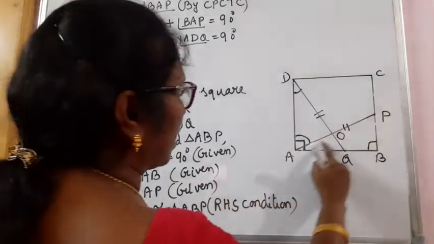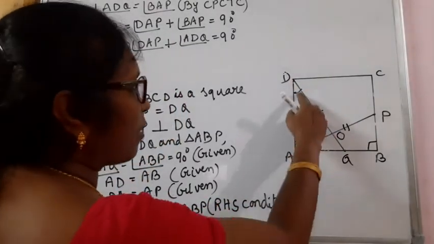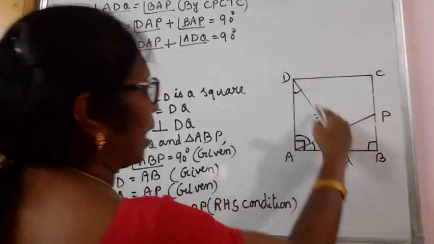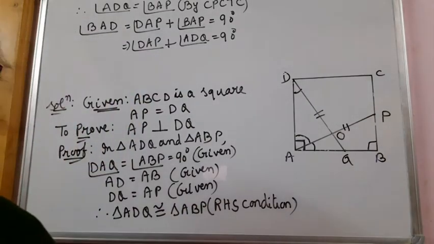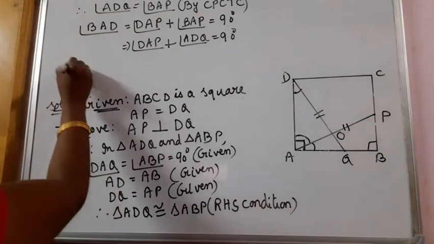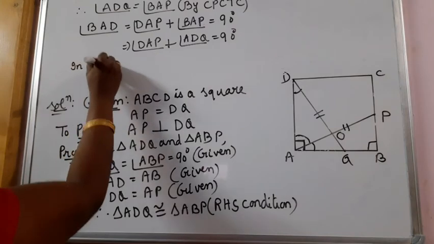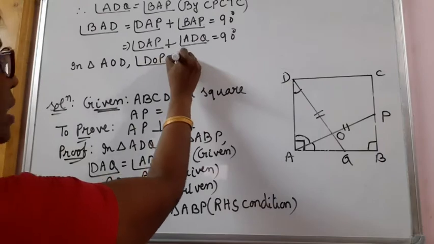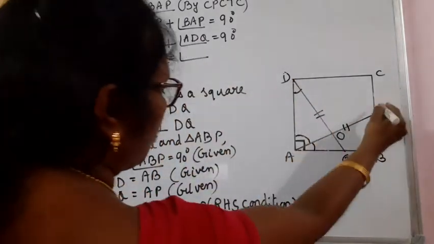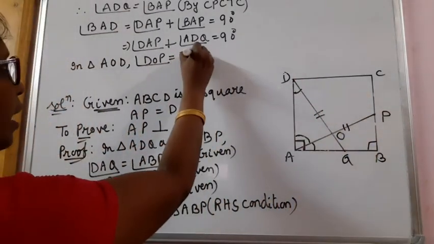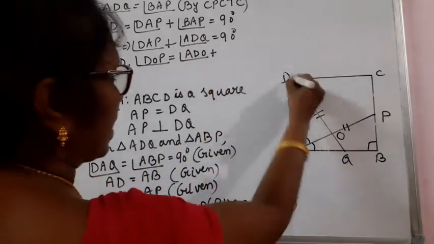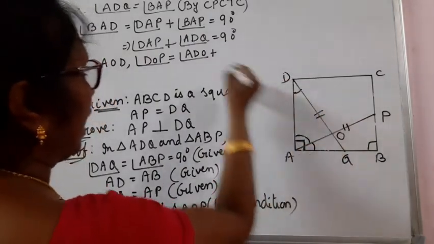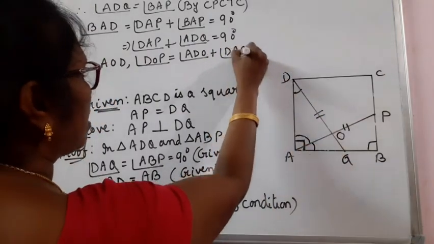So in triangle AOD, sum of these two angles is 90 degree. For this triangle AOD, angle DOP is the exterior angle. So in triangle AOD, angle DOP is equal to angle ADO plus angle DAO. Angle ADO or ADQ, both are same, and angle DAO or DAP, both are same.